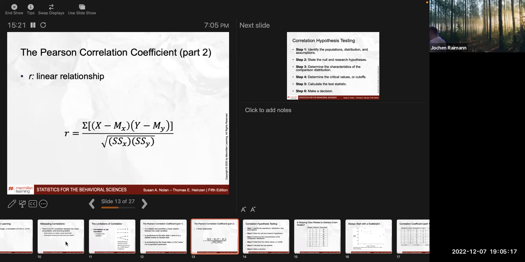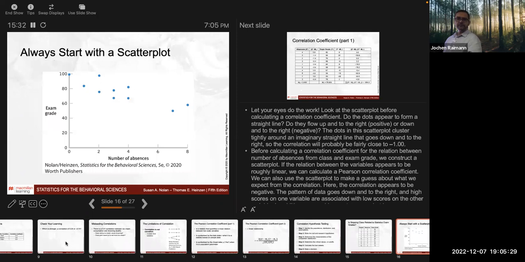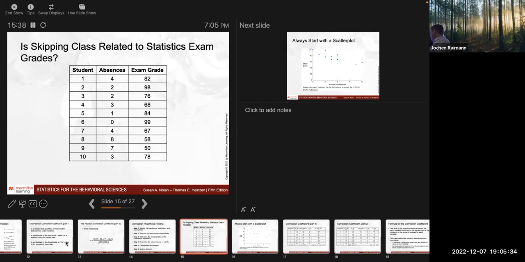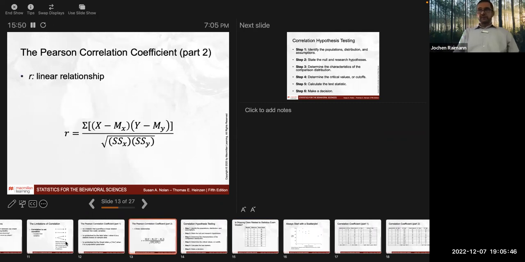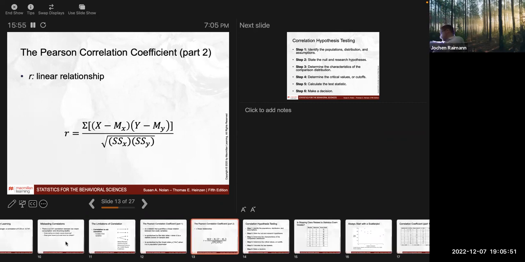We have two variables, and we will work with the example of exam grades as a function of absences in class. You would assume that somebody who misses class very often will likely have a worse exam grade. So absences and exam grade, variable X and variable Y.